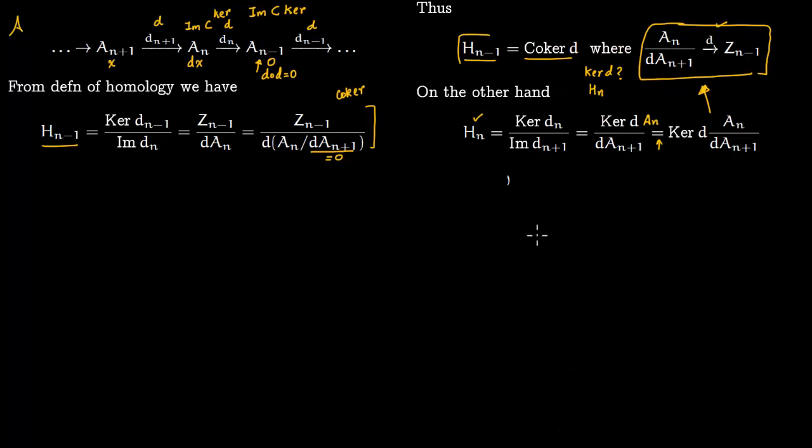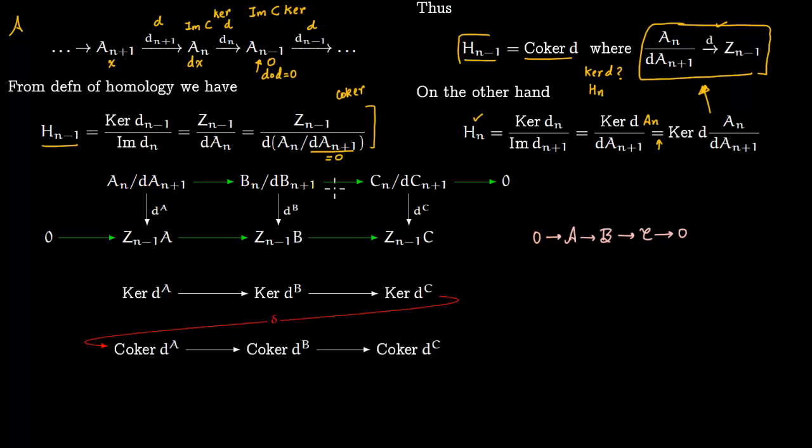Now consider this short exact sequence of chain complexes. 0 to chain complex A, then another chain complex B, another chain complex C, and 0. A we have already given like this. Similar to this you will have B, and similar to this you will have C. Corresponding to A, we have constructed such a map whose cokernel is H_{n-1} and whose kernel is H_n.